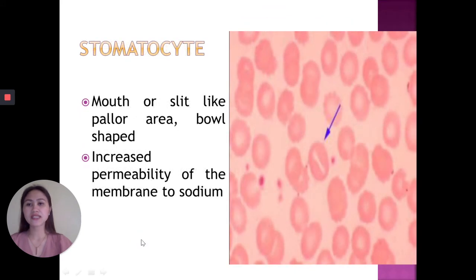Next is stomatocyte, this one. It is characterized by having a mouth or slit-like pallor area with a ball shape, and it is due to increased permeability of the membrane to sodium.